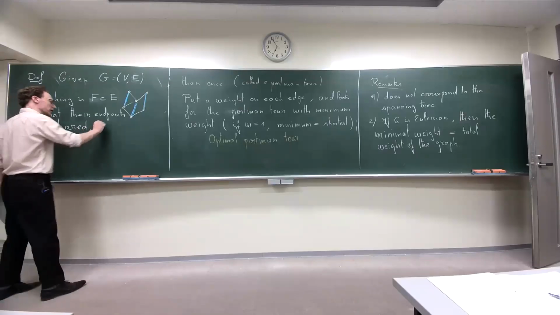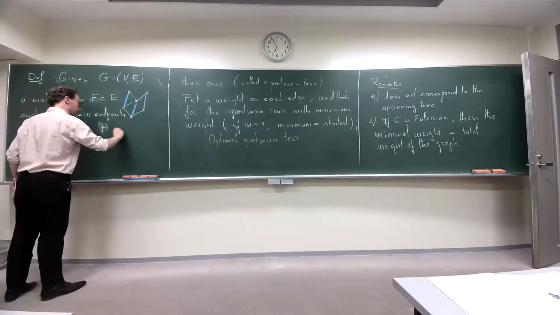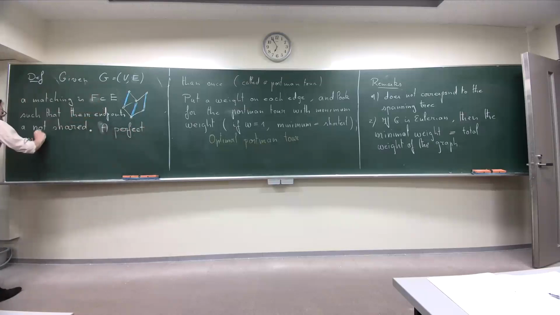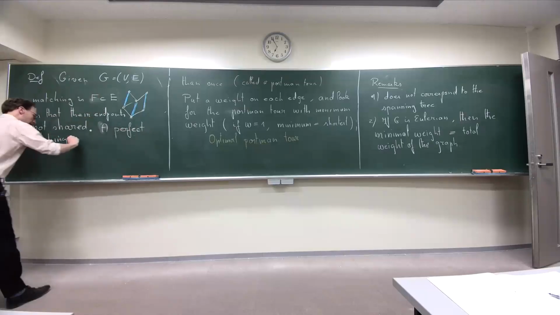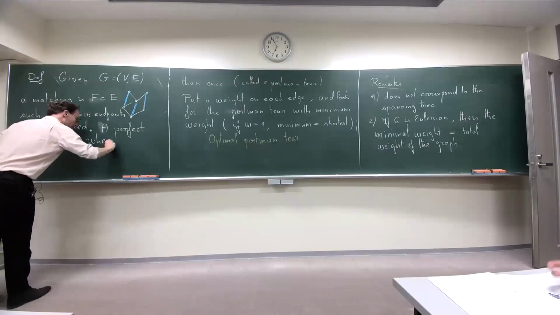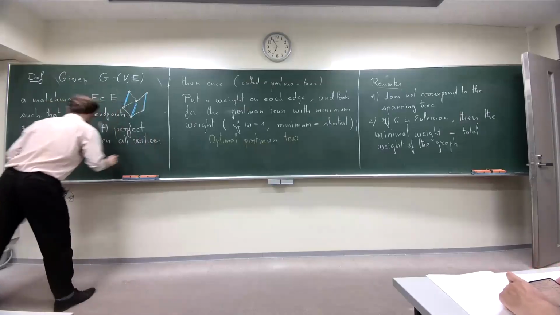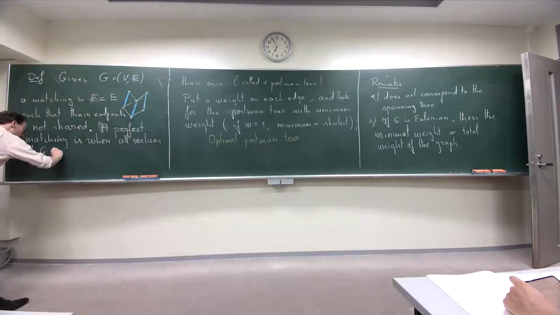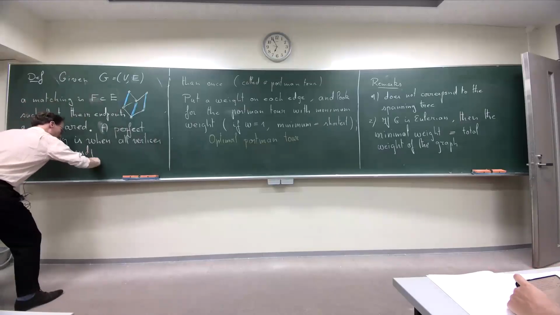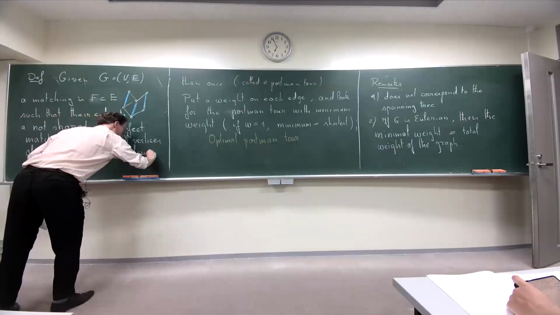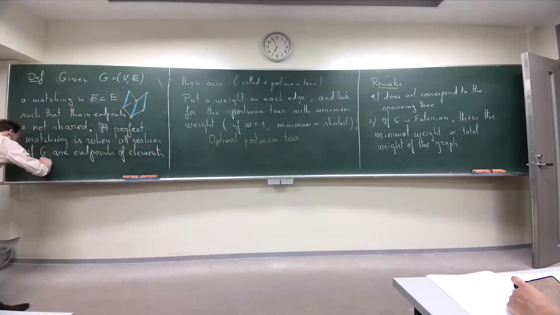What is a perfect matching? This is a perfect one. A perfect matching is when all vertices of G are endpoints of elements of F. So in this case, you can see I touch all vertices.